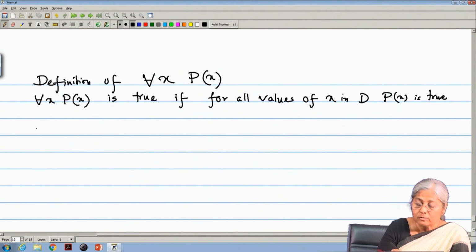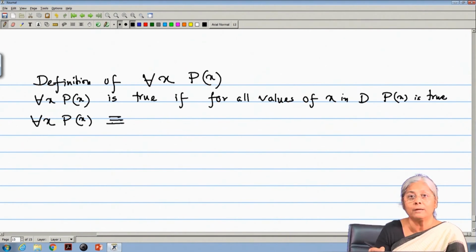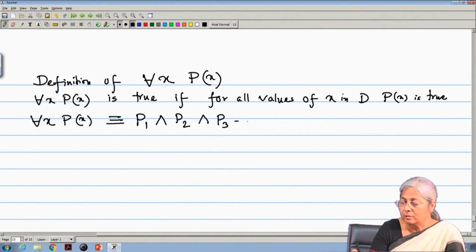So for all values of x in D the propositions become, I can write, for all x P(x) is equivalent to P1 conjunction P2 conjunction P3 conjunction Pn.